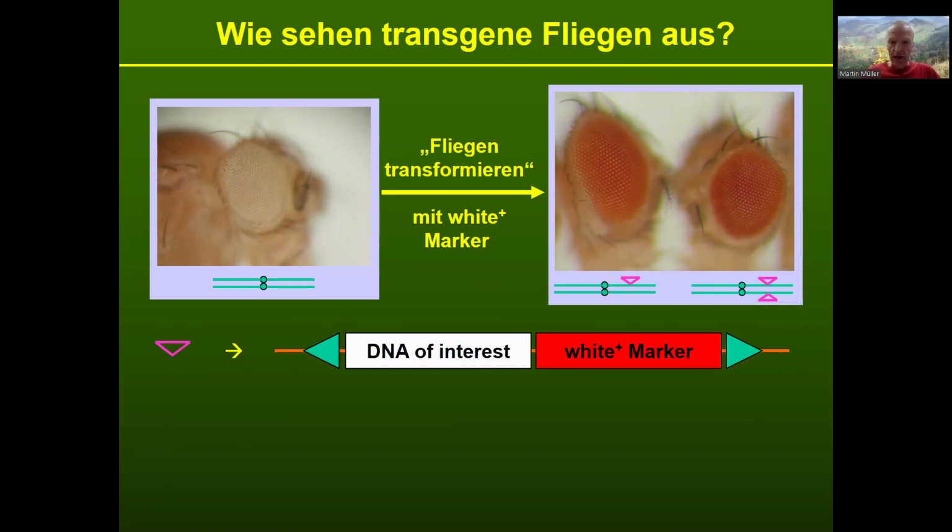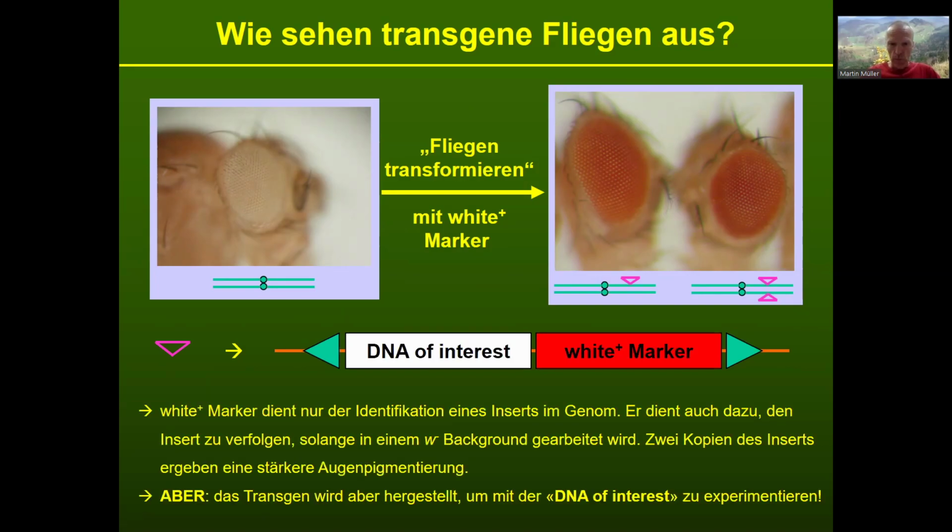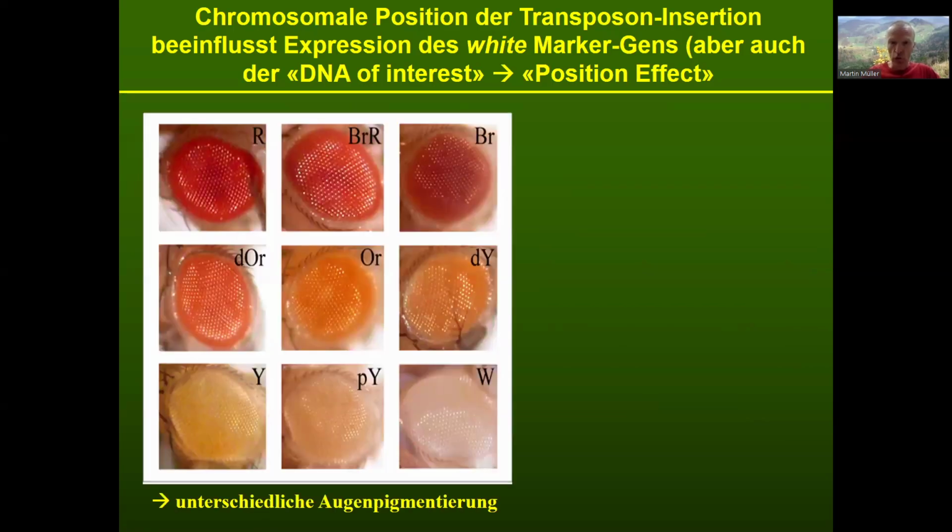On the next slide, I show you that depending on where the P element inserts, you can get different eye colors. So this is again white, no insertion. You can insert somewhere where the white gene is barely expressed.